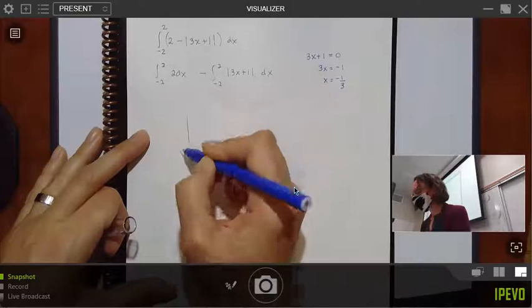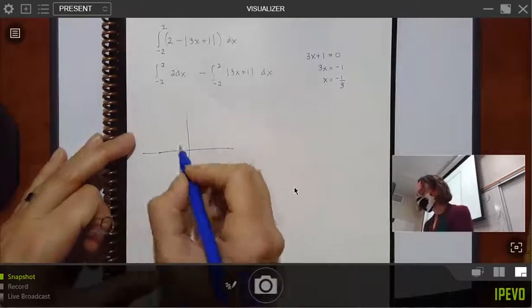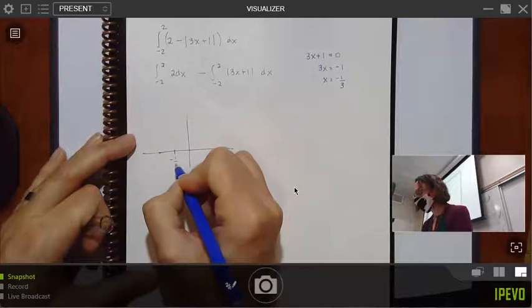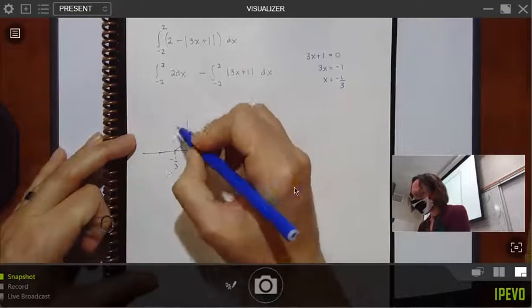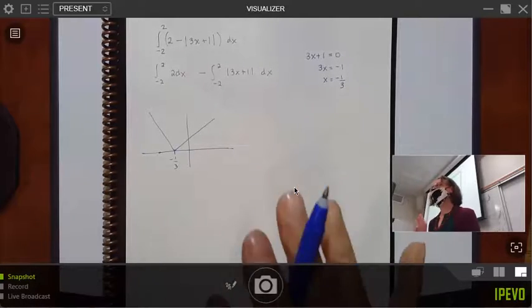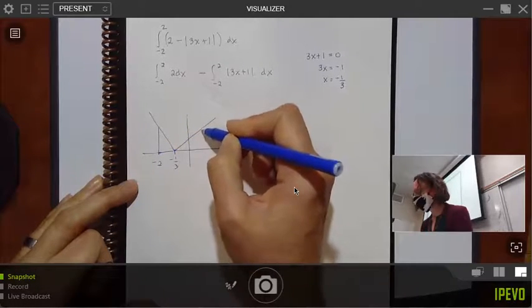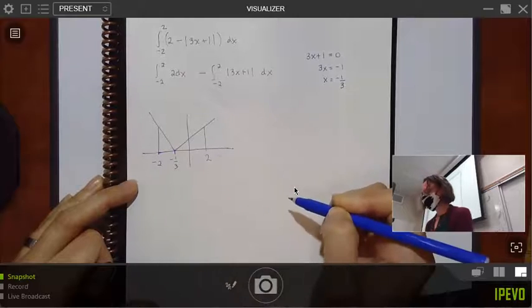Graphically, the absolute value of 3x plus 1 is like a V that looks like this. Except pretend it's symmetric and beautiful. And we're going from -2 to 2.